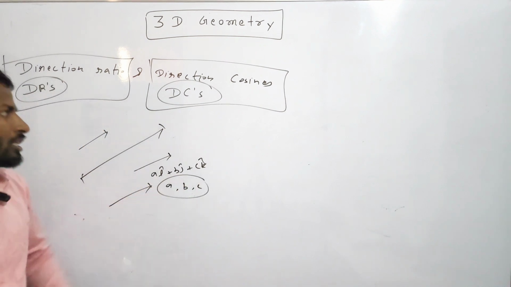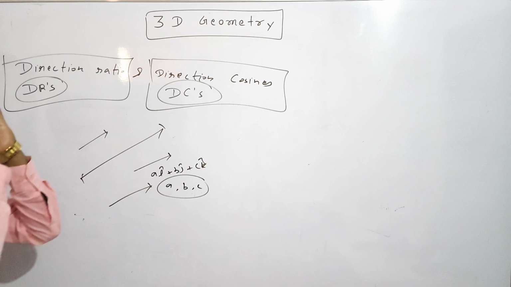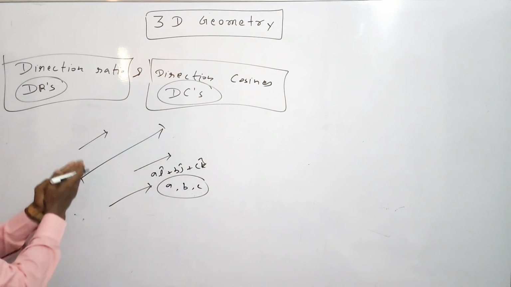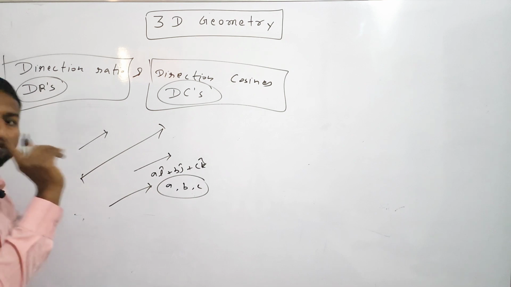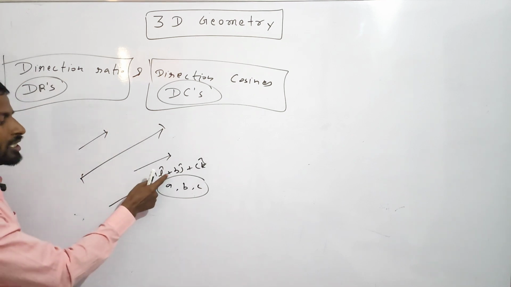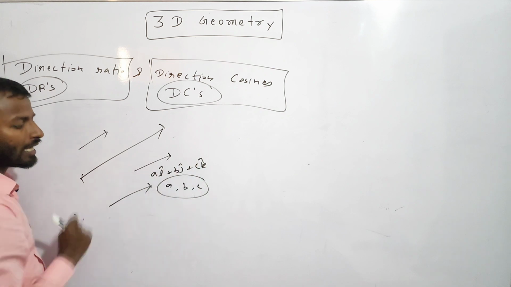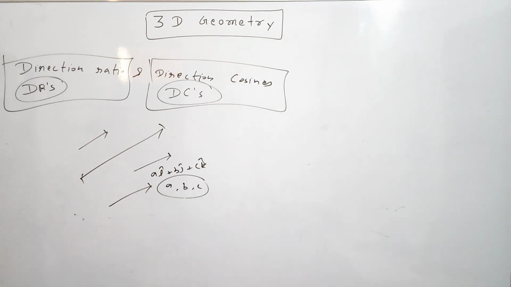So, these a, b, c are called direction ratios. Any vector which is parallel to this line, in that vector, the coefficients of i cap, j cap, and k cap, that means a, b, c, are the direction ratios.